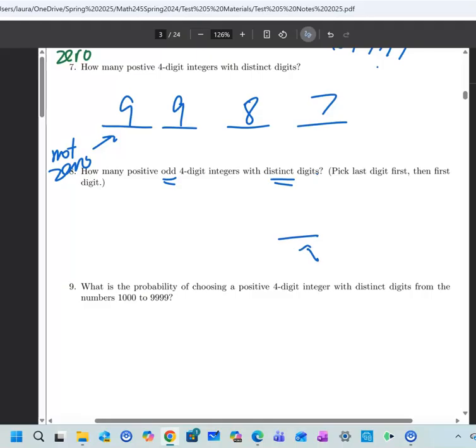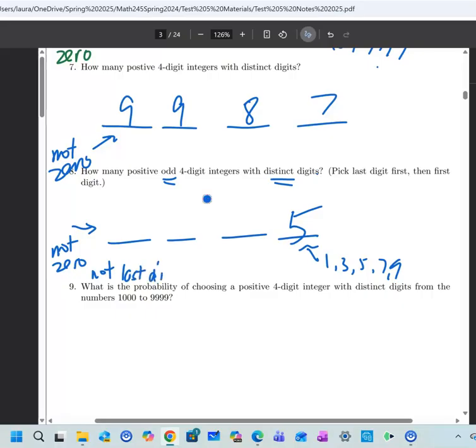So again, I'm going to go with 1, 3, 5, 7, 9, so there's 5 choices there. Then what do I have here? I can't have 0, and I can't have the last digit. Whatever I use there, I can't use here, right? So I only have 8 choices left. And for this one here, I've used 2, so that gives me another 8 left, and then there would be 7.